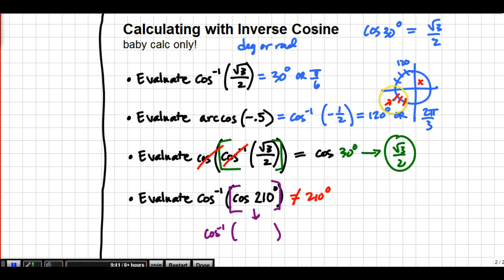Cosine 210 is going to be negative root 3 over 2, and we know that the inverse cosine of that is going to be similar to what we had back here for 30. Negative square root of 3 over 2 is going to be at positive 150. We know it's going to be in quadrant 2 because it's a negative value. Root 3 over 2 is at this spot right here, which is 150. In radians, we would say 5 pi over 6.